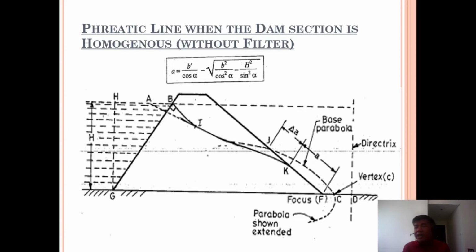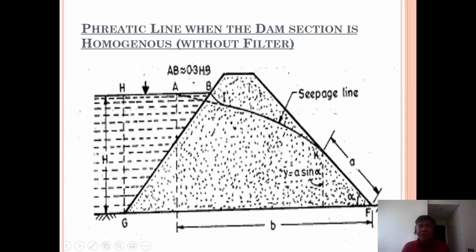Because if you have the software later, you don't worry about these things, because the software will plot exactly the location of the phreatic line. And of course, it will easily give you the value of the Q or the discharge and the exit gradient.